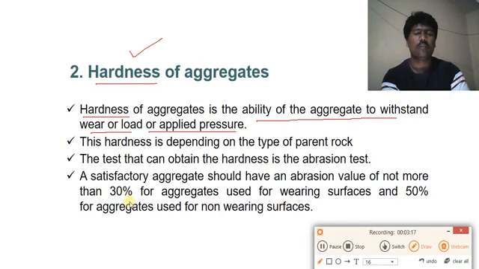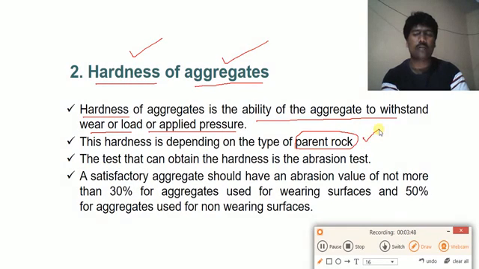This hardness depends on the type of parent rock, since you produce these aggregates by crushing the parent rock into small segments. So the hardness of an aggregate will depend first on the hardness of the parent rock.